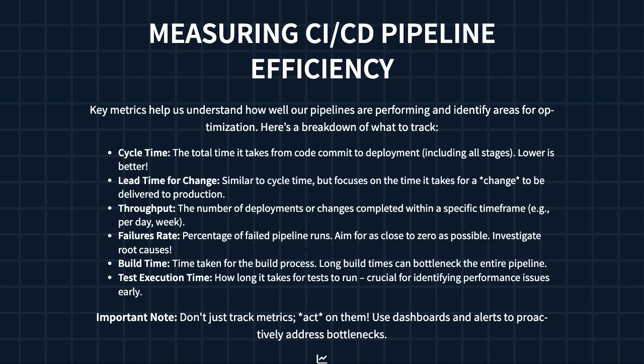Next up is throughput, which measures how many deployments or changes we're successfully delivering over a specific period. Of course, failures are something we want to minimize, so failure rate is really important. We also need to keep an eye on build time and test execution time. Long waits can slow down the whole pipeline. And finally, don't just collect these numbers, use them to identify and fix bottlenecks.